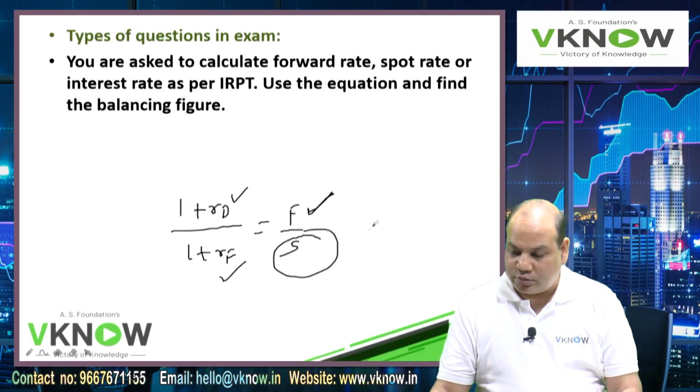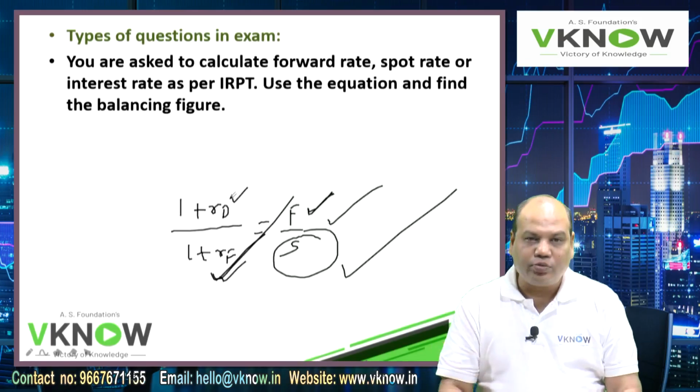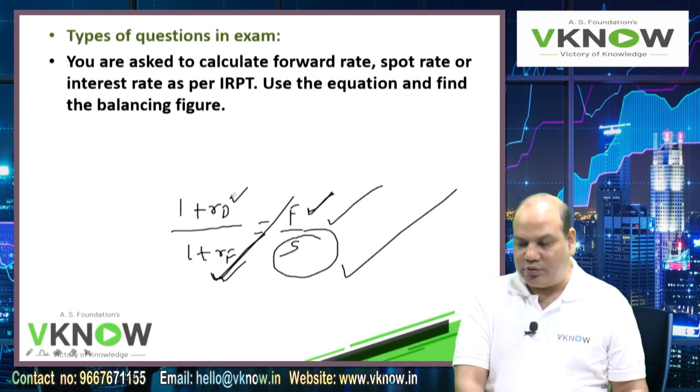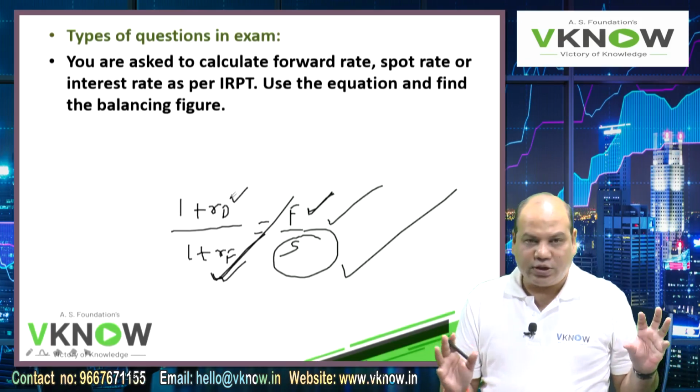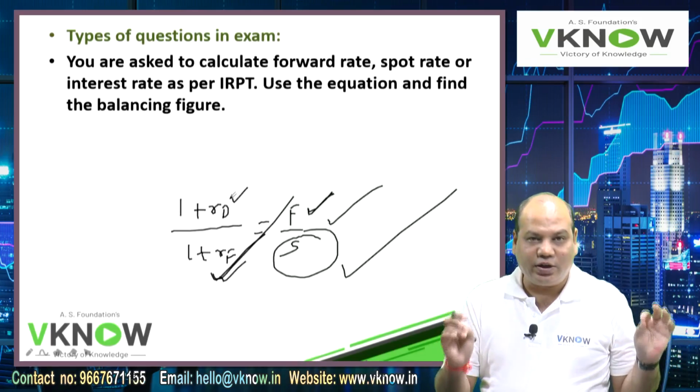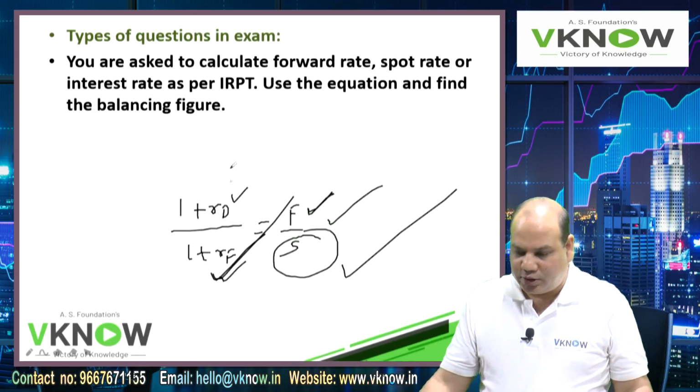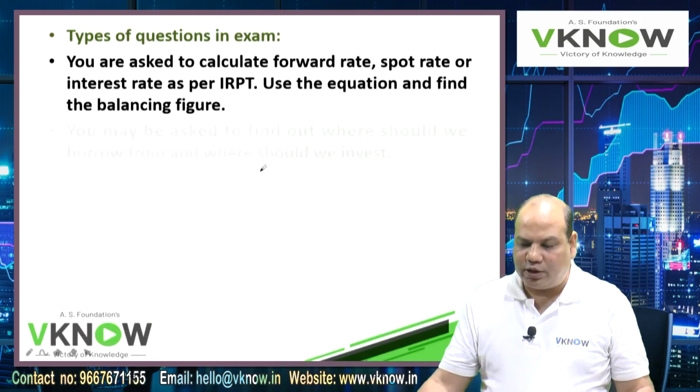And in some question they will give you forward rate, spot rate, interest rate in one of these two countries, and you have to find the interest rate in the other country. What I will do, once I am able to identify that this is an interest rate parity theorem problem, write this equation and find out whatever is the balancing figure.